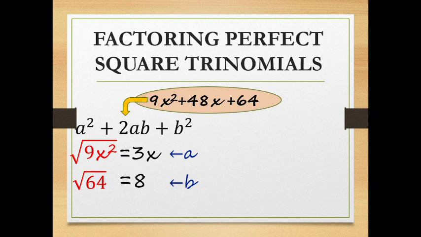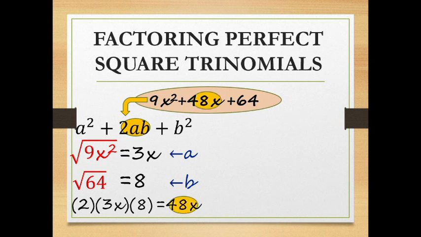Since walang decimal point, ibig sabihin our first and third term are perfect squares. Ibig sabihin the value of a is 3x and the value of b is 8. Next naman, pakilaman natin yung middle term, 2ab. 2 times the square root of the first and the third term, 3x and 8, is equal to 48x. Kung mapapansin nyo, parehas sa middle term ng ating given trinomial. Ibig sabihin, isa siyang perfect square trinomial.